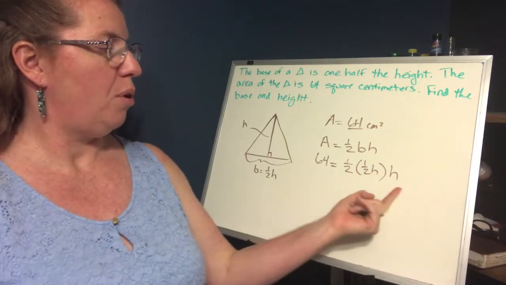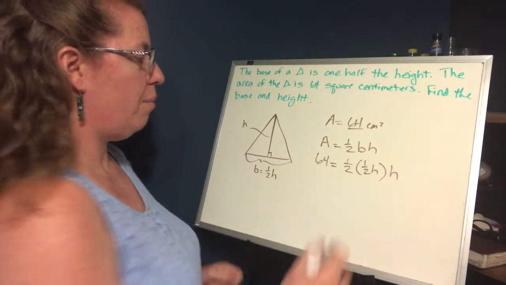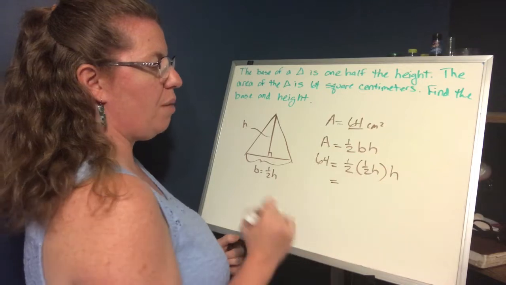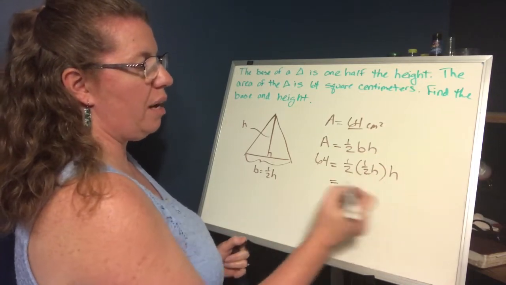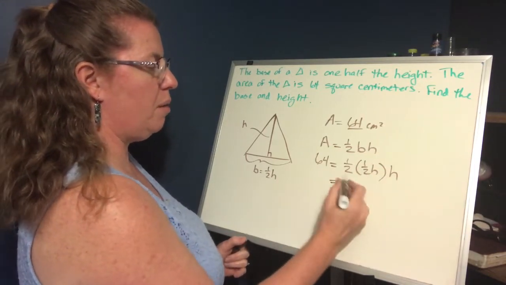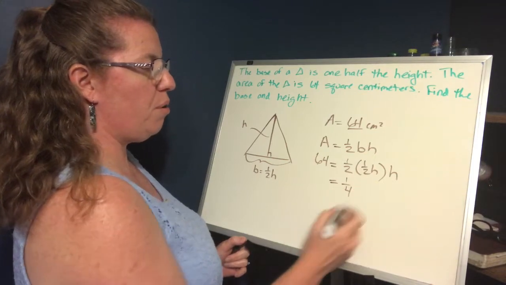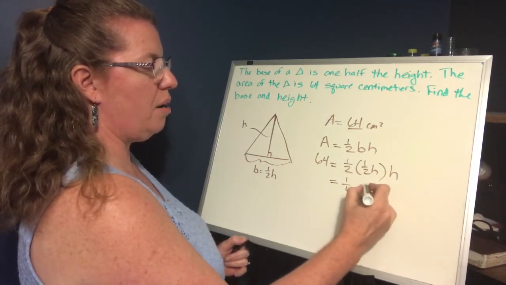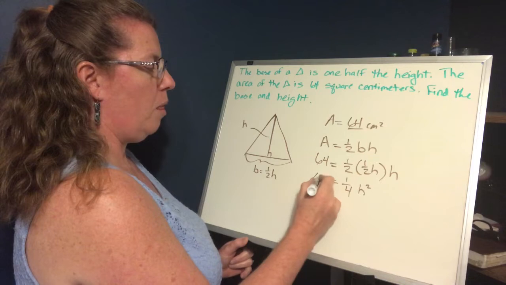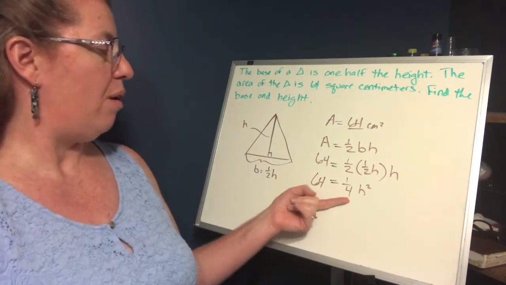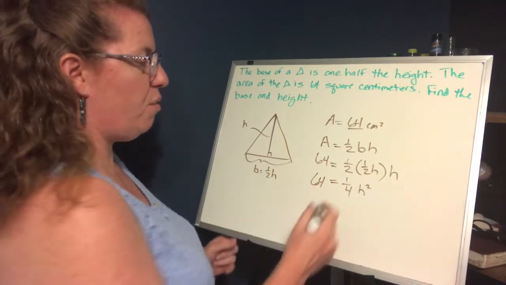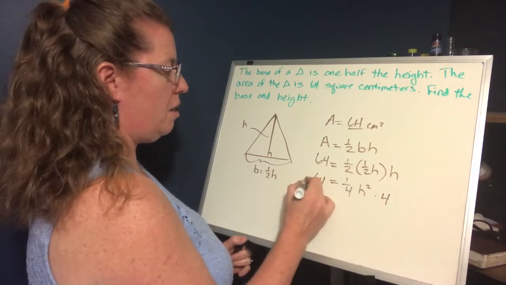We're going to go ahead and multiply what we can. Let's kind of combine this together. We have 1/2 times 1/2. Everything is times, so we just multiply across, multiply our numbers to be 1/4, and we have h squared, h times h equals 64. And we multiply both sides by 4 to get rid of our fraction.